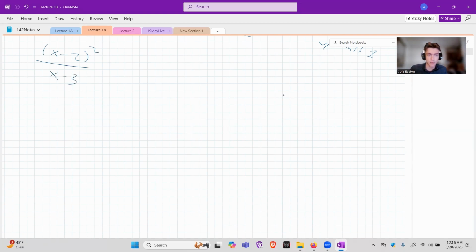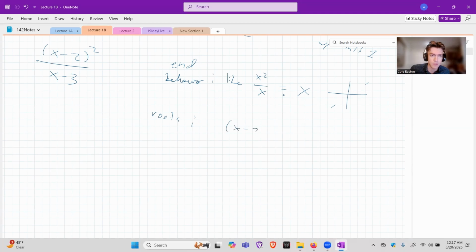Okay, so now let's think about the normal things that we do when we try to graph a rational function. So let's look at end behavior. Okay, and so we're going to say that that is like x squared over x, which is x. So that looks like this.